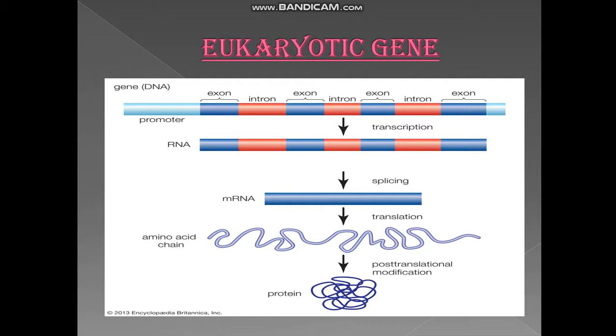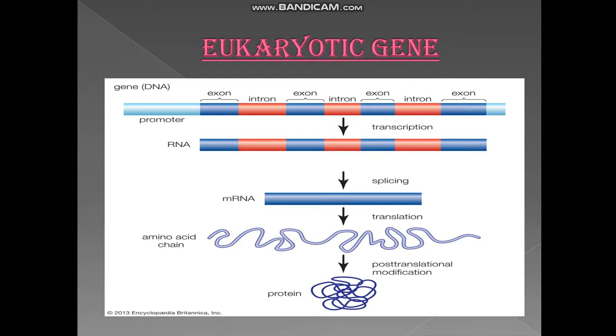When we have this mRNA formed by splicing, we call such a gene a split gene. Why? Because long stretches of exons are interrupted by introns, so the gene is actually splitting. This also sometimes comes as a one-mark question: what is a split gene?